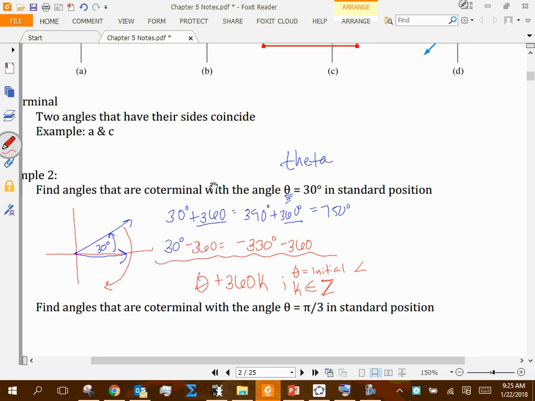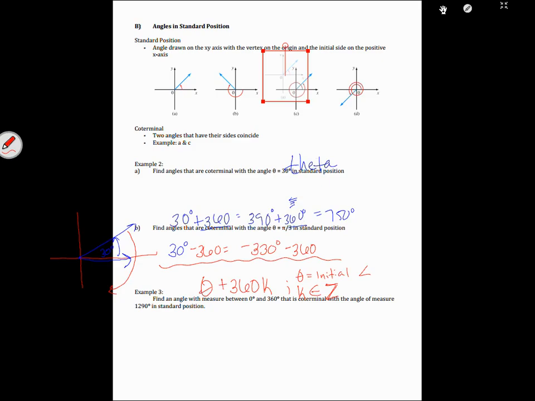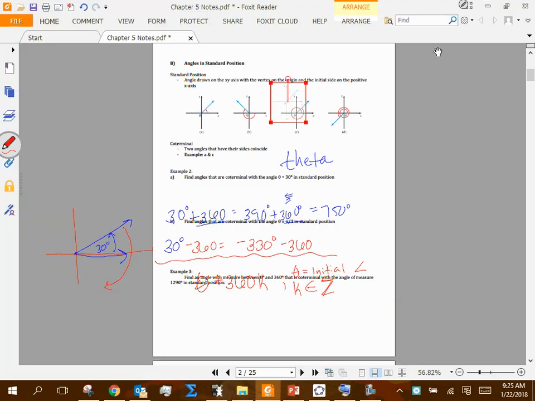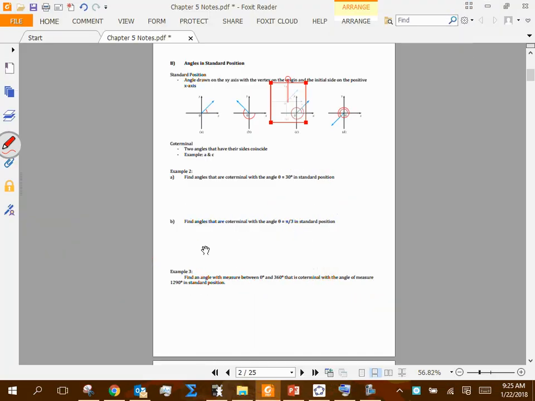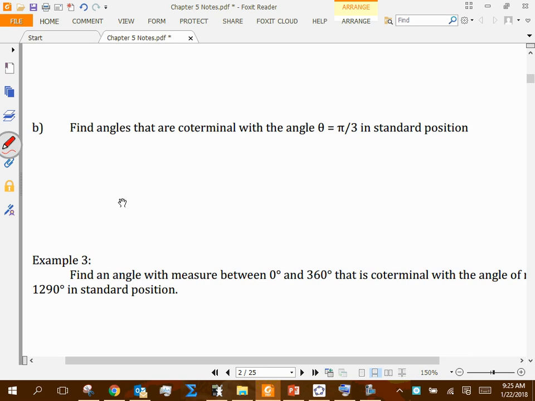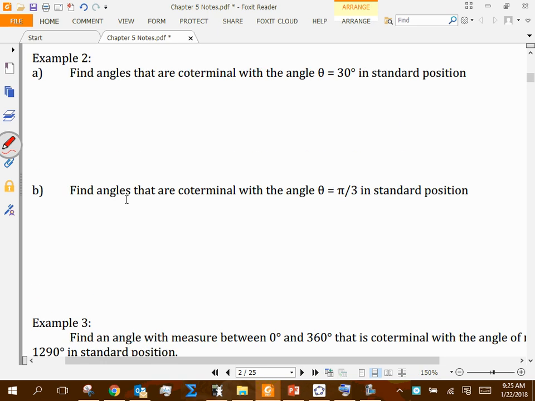Down here at the bottom, it says find angles that are coterminal with the angle theta equals pi over 3. All right, so if we're looking at pi over 3, and you will learn this, it'll be kind of second nature to you eventually, pi over 3 might look something like that.